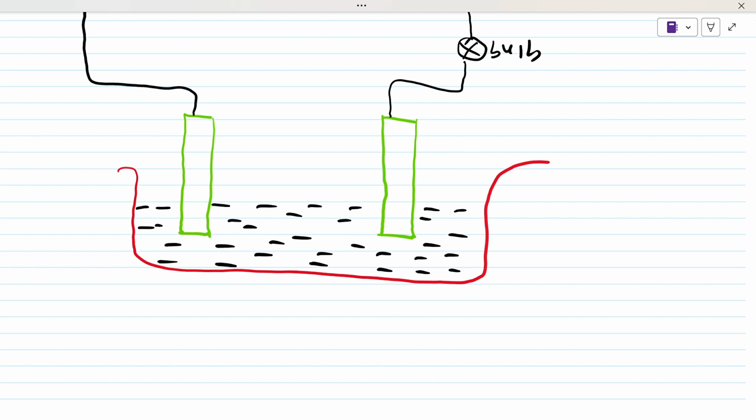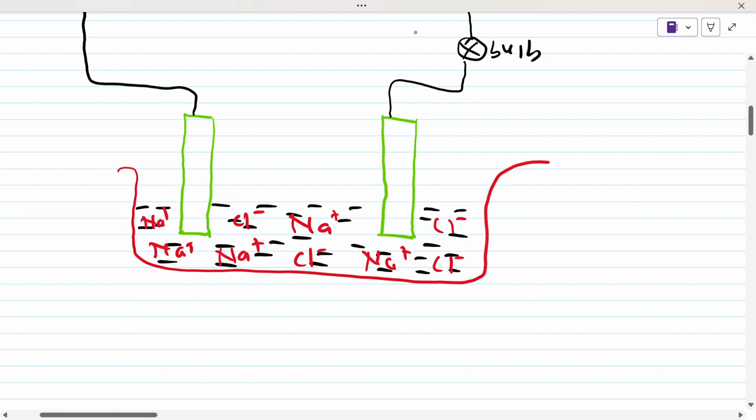So in the molten form, I'm going to have sodium ions, chloride ions, sodium ions, chloride ions, and so on, because it is that that will enable me understand that what I'm dealing with has ions, and these ions can be attracted differently to different electrodes based on their charges.